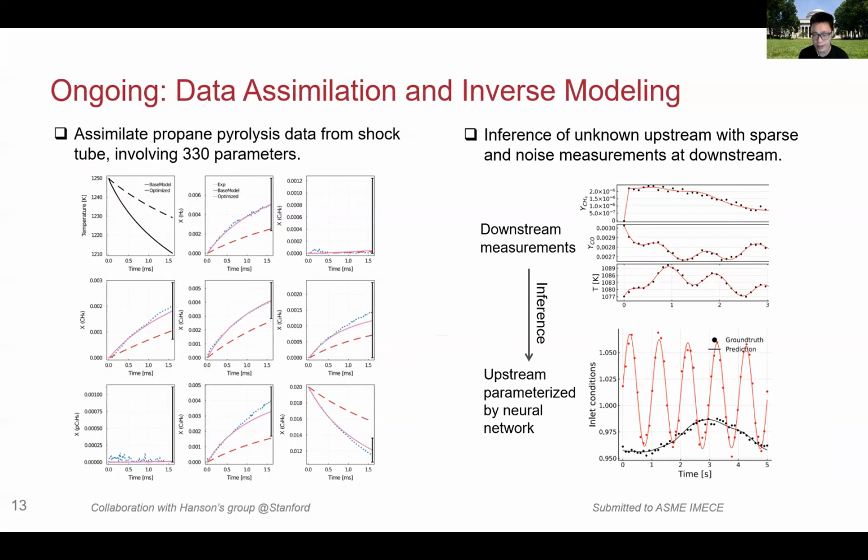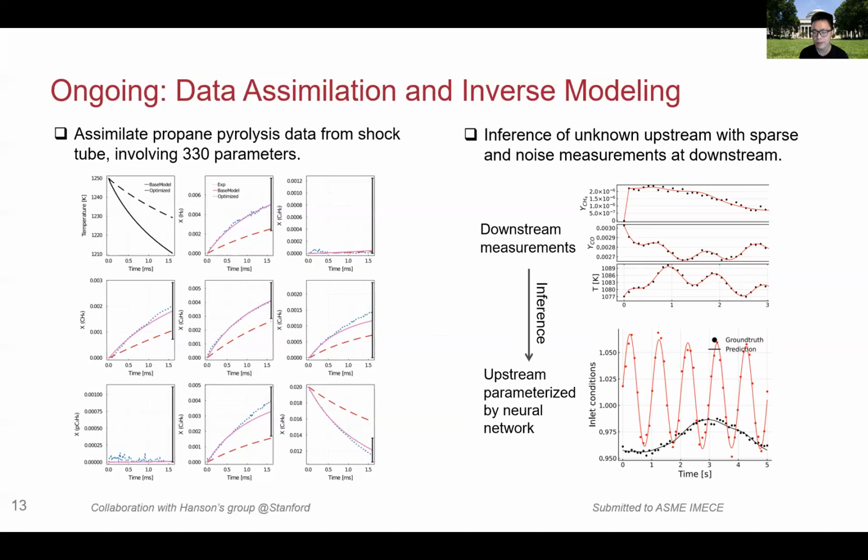For the inverse modeling, we applied it to an industrial combustor using a perfectly stirred reactor model. The task is that we have the measurements at the downstream, while we don't know the conditions in the upstream.